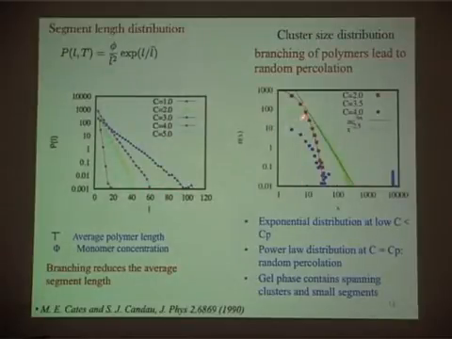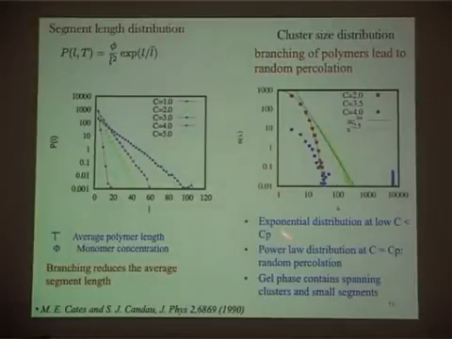We can also look at the cluster size distribution of this system. You can see that at 3.5 you have a power law for the cluster size distribution, showing that the gel is actually formed through random percolation. The exponent is 2.5, which is the random percolation exponent.